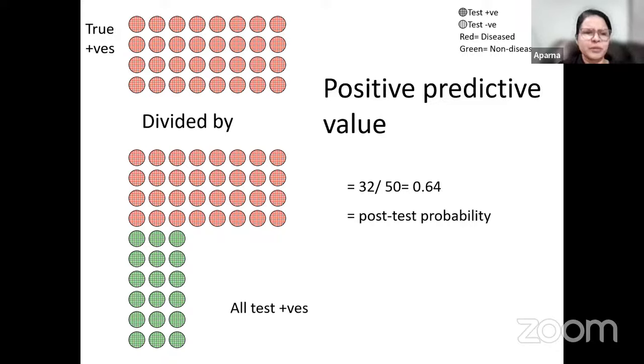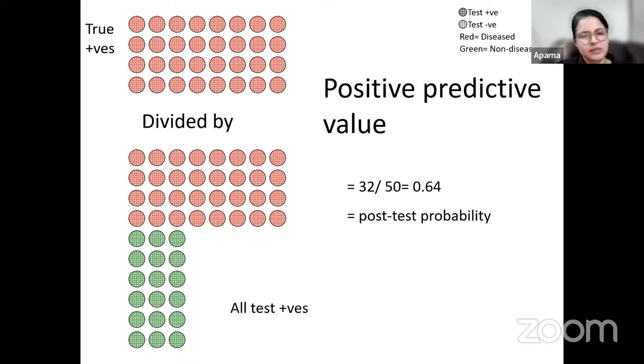This is very simple to remember. Positive predictive value is nothing but true positive divided by test positive. So all test positives are taken in the denominator, and only the true positives, only the truly diseased, are taken in the numerator. If you take the true positives divided by test positives, it gives us the positive predictive value, and likewise true negative divided by test negative gives us the negative predictive value.